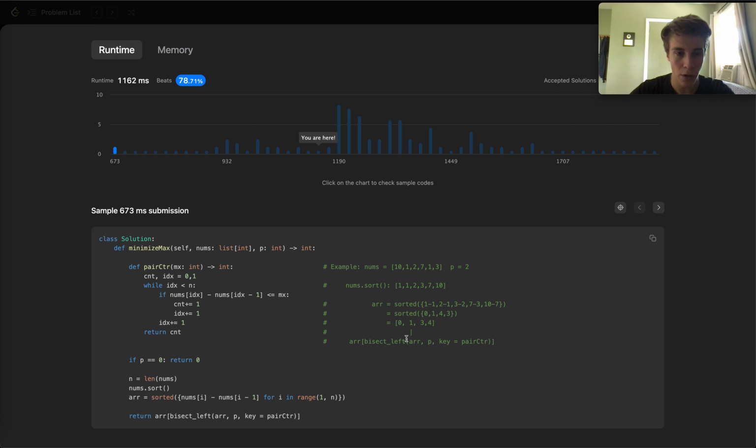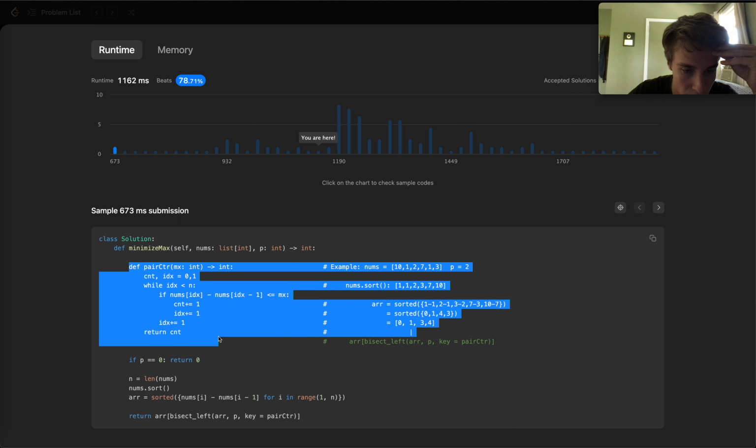Well, one thing that could be happening is that this value could have a number associated with it, which would indicate the number of pairs for that difference, or the min-max. And I'm assuming that that's actually what's happening here.